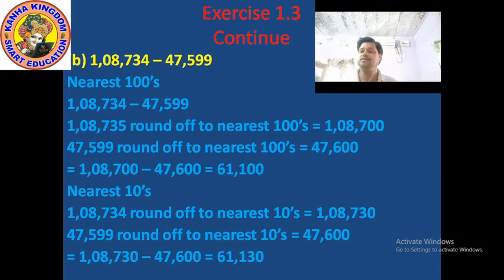And in the lakhs place nothing remains, because the 1 came to the 10,000 place. Okay, so when you subtract 1,08,730 minus 47,600, it becomes 61,130. Clear?